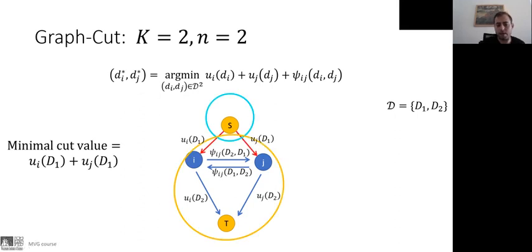If I get this cut, then I know that the cut value is UID1 plus UJD1. So what would be the assignment if that's the case? If this is a minimal cut, what should I assign to DI and DJ?